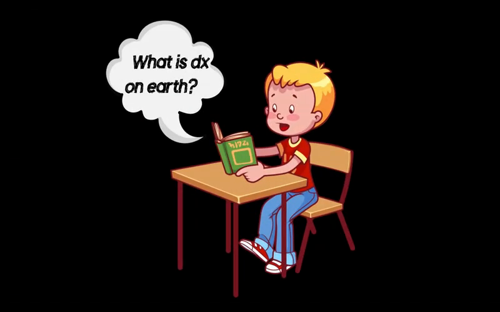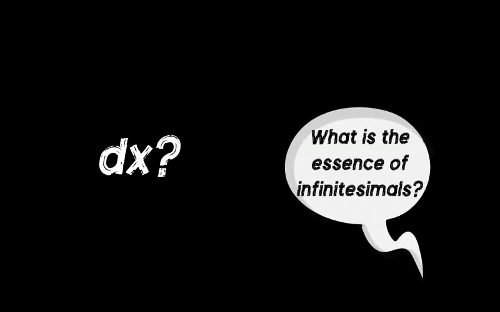How confusing! What is dx on earth? In fact, you are not the only one puzzled by the problem of dx. This problem, or to be more fundamental, the essence of infinitesimals, has confused generations of mathematicians.